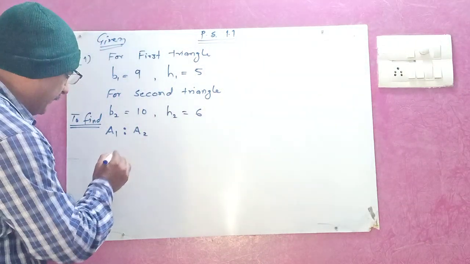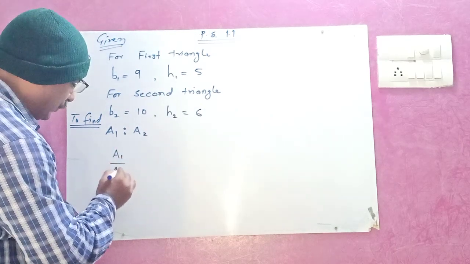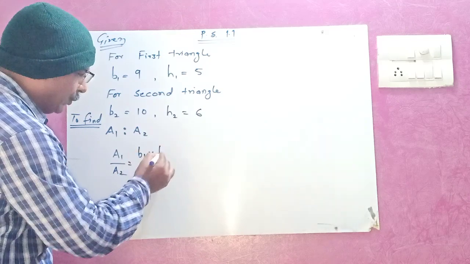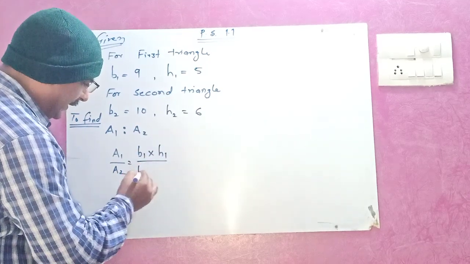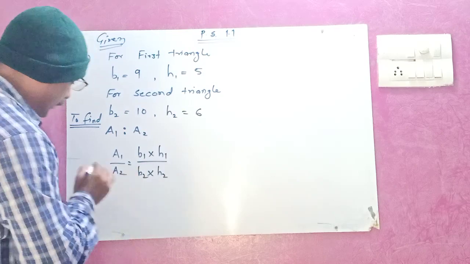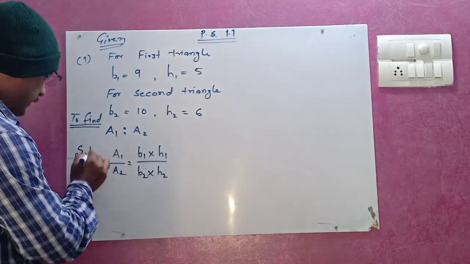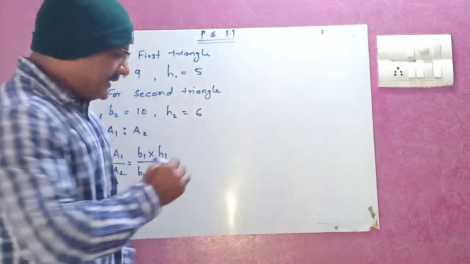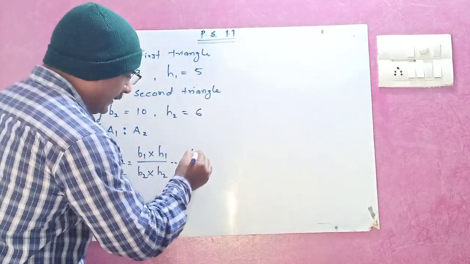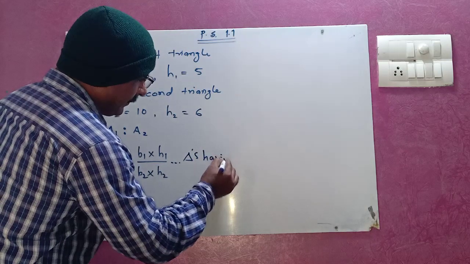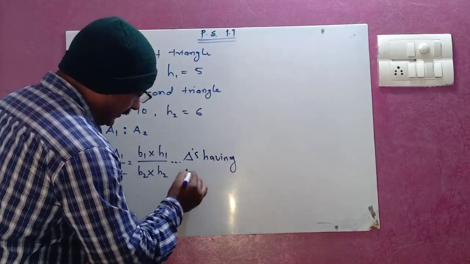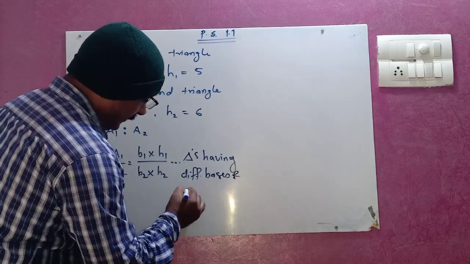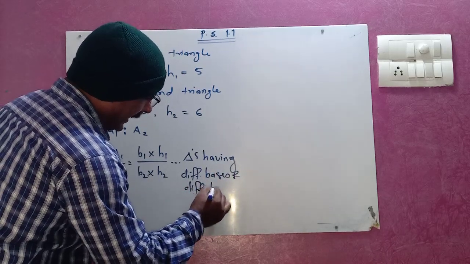Directly you write down here that A1 upon A2 is equal to B1 into H1 upon B2 into H2. And you write down here the reason: triangles having different bases and different heights.